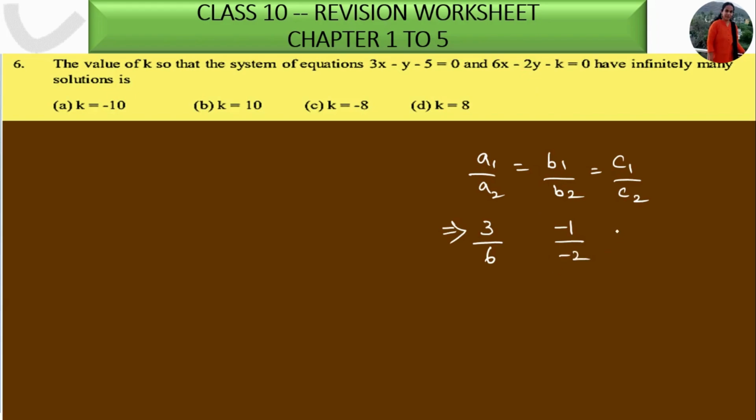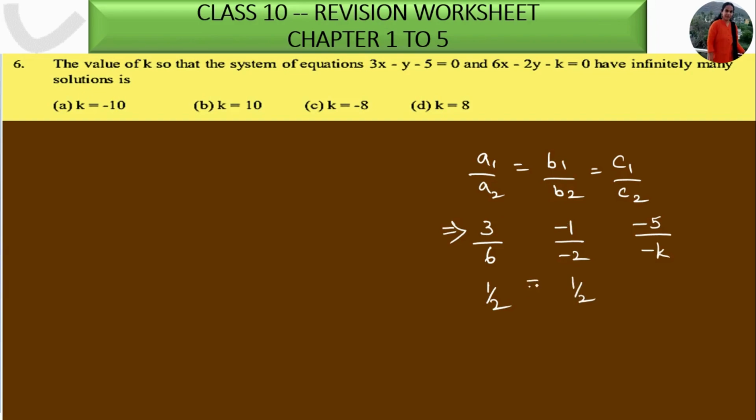So minus 2. What is C1? C1 is constant in the first equation. It is minus 5. So minus 5. Constant in the second equation, it is minus k. Minus k. So 3 by 6 is nothing but 1 by 2. These negatives get cancelled.